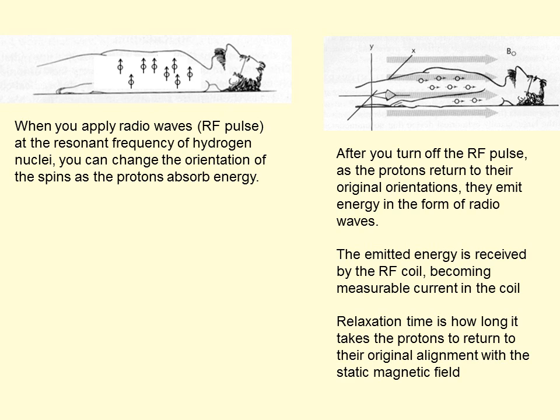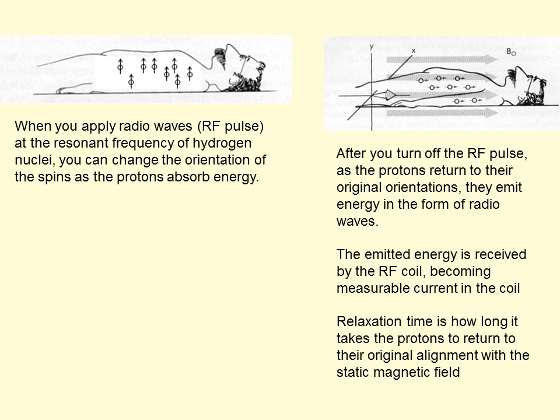But once you turn the RF pulse off, the protons begin to relax, and as they relax, they return to their original orientation, which was lined up with B0, or the static magnetic field. And during that process of relaxation, they emit the energy that they absorbed in the form of radio waves.